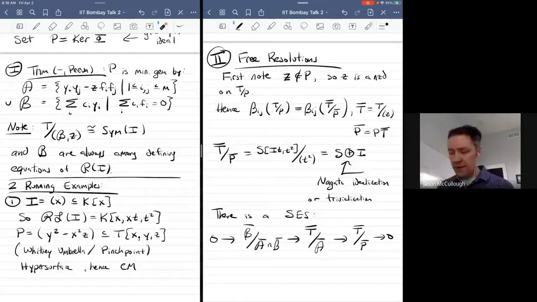That looks better. So the point here is this middle ideal is very simple. It's generated by a bunch of products of variables, so we know how to resolve this. This is just an Eagon-Northcott complex.